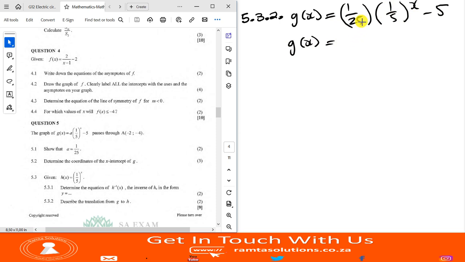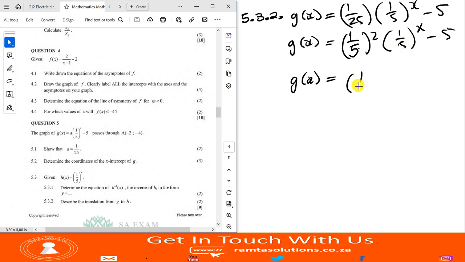You can say this is basically 1 over 5 to the 2, and this is 1 over 5 to the x minus 5. As you can see, bases are the same, so you add exponents. Our base is 1 over 5, and our exponent is x plus 2 minus 5.